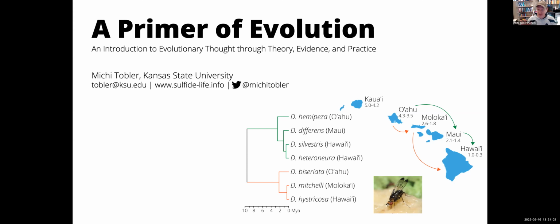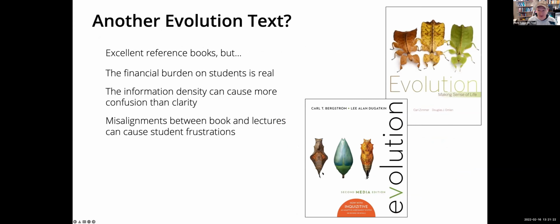I'm using the word evolution a lot, but you can essentially just insert whatever your field of expertise is in many of these contexts. The first thing that I kept scratching my head on is, does it really need another evolution textbook? There are so many fantastic textbooks out there in evolution, and probably in all of your fields as well.